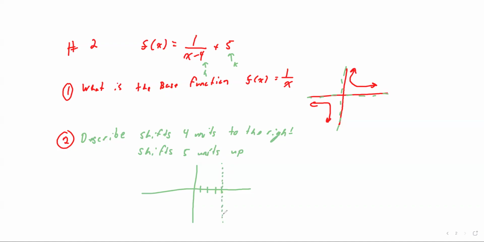Now on the homework, it's not going to have a dotted line, so you'll just kind of move that invisible dot there that they'll have for you. And then on this horizontal asymptote, it went up 5 units. 1, 2, 3, 4. Okay. Oh my gosh.